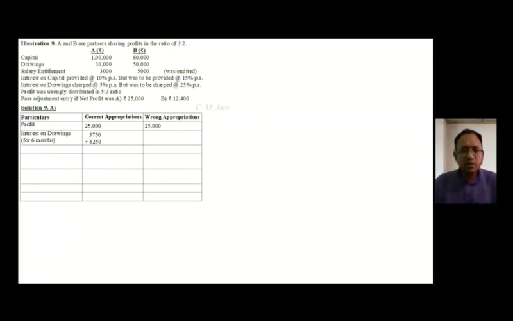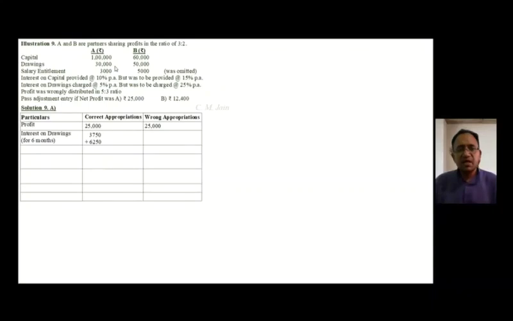Now, as per wrong appropriations, interest on drawing has been charged at 5% only. So 5% in case of A, 10% of 30,000 will be 3,000. 5% will be half of that, 1,500, but that will be for the whole year.